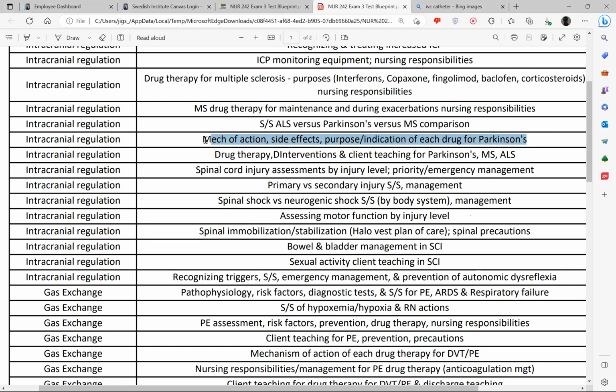Among all these, I know for sure Sinemet, or levodopa carbidopa, is on the exam because it's the most commonly used drug. So make sure you know how that drug works. As a refresher, levodopa is the dopamine and carbidopa stops it from being metabolized.